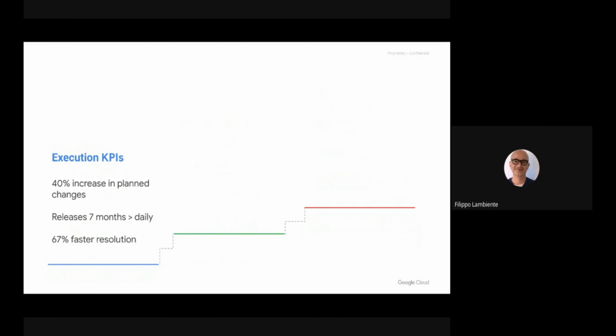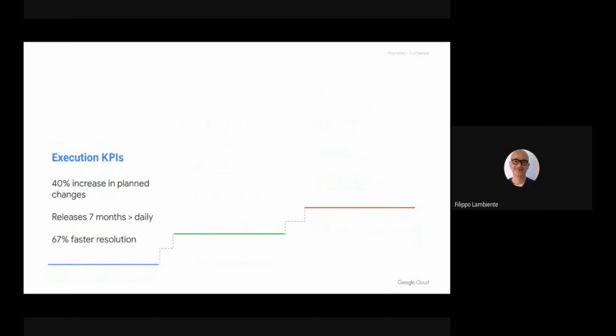So, for example, here we have a recent customer where, in terms of execution KPI, they were able to achieve a 30% increase in planned changes, or they moved from a 7-month release cycle to a daily release cycle.